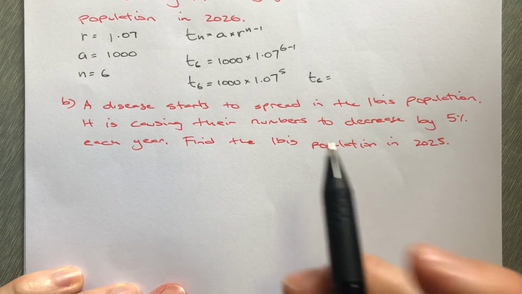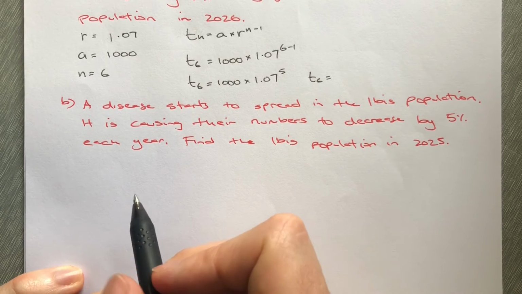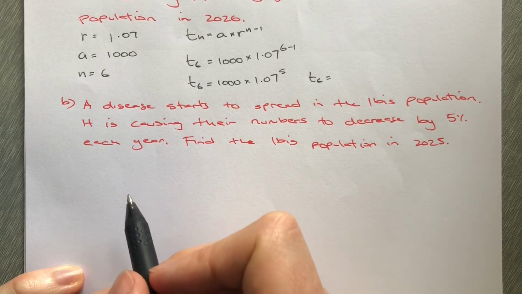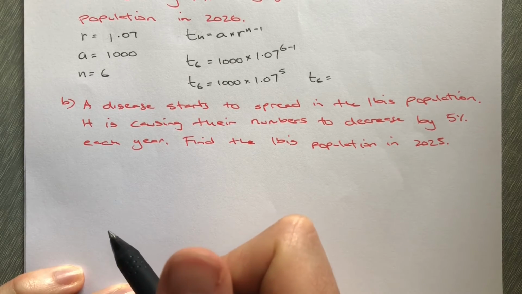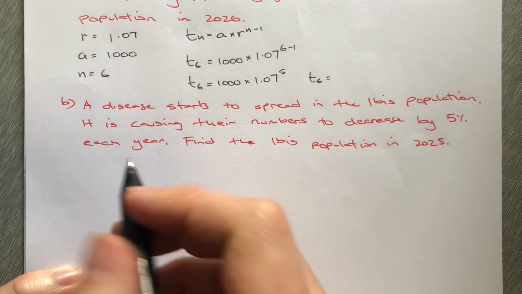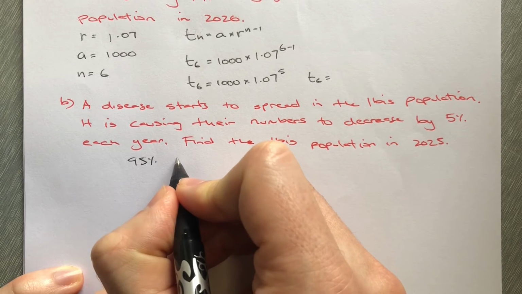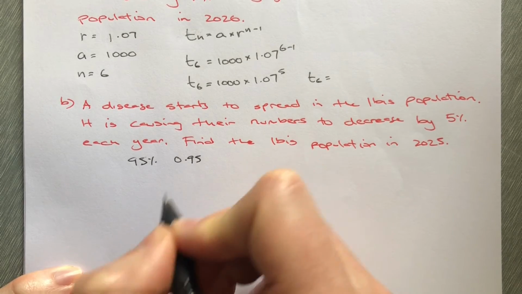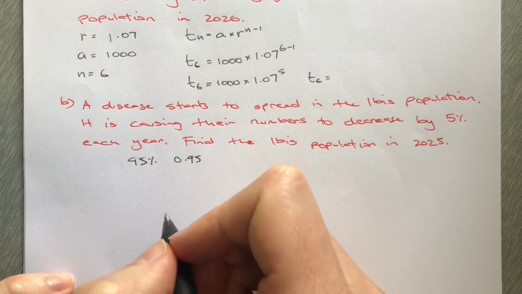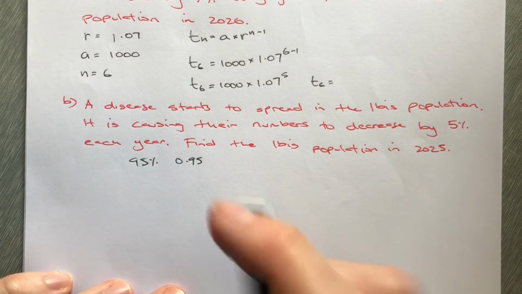If we start with 100% of the population, but we drop by 5%, that means we're now going to have 95%. 95% as a decimal would be 0.95. So that's going to be our R value, and that's between 0 and 1, which we wanted before.